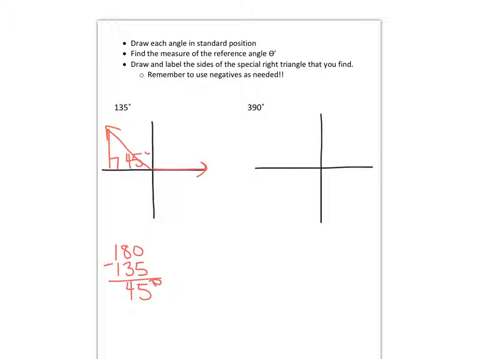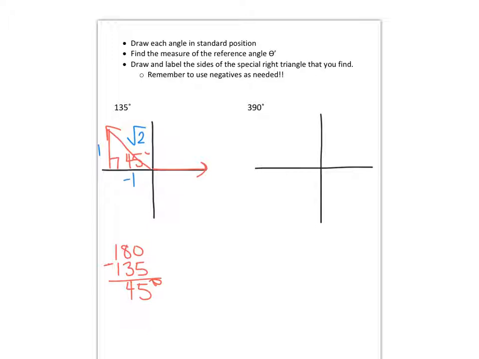Create that right triangle. And we could tell that needs to be the 1, 1, square root of 2 special right triangle. And then we look and see if we need to put any negatives. Since this went to the left, that 1 needs to be negative. Since this went up, that's positive. Hypotenuse is always positive.